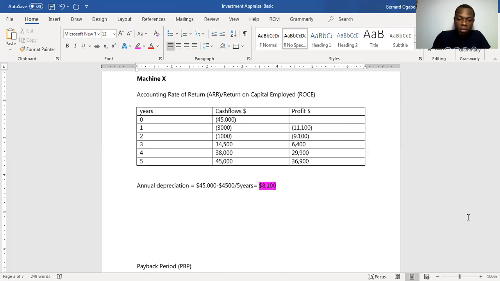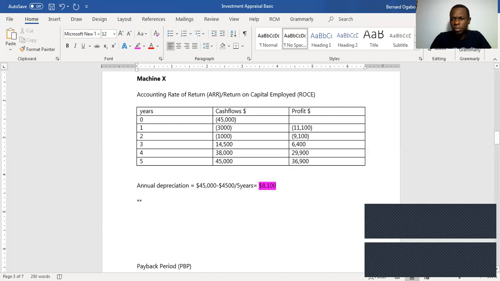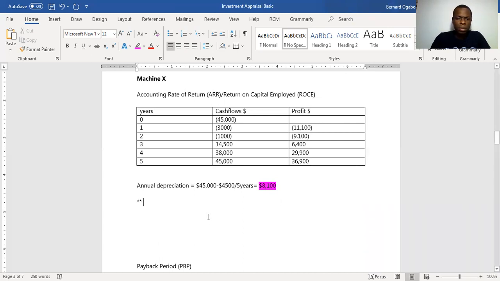The first formula that we will consider is average profit all over initial investment.